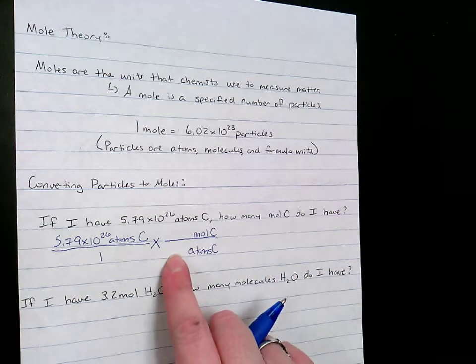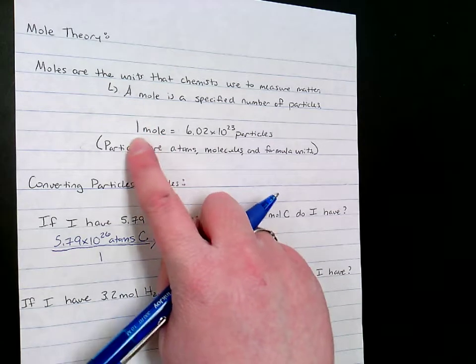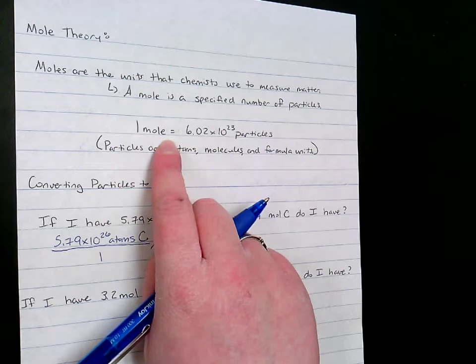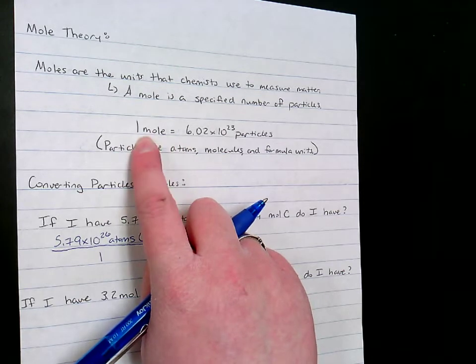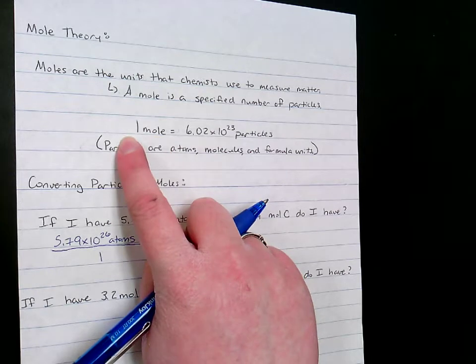Now to finish out my conversion factor, I just need to put my numbers in. When you have a conversion factor, you need to think of the number and the unit being super glued together, meaning wherever the unit goes, the number has to follow.